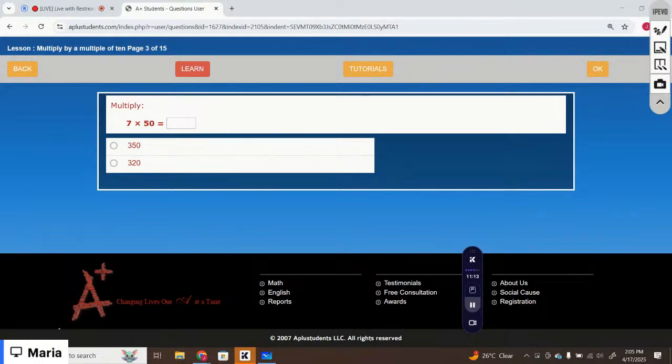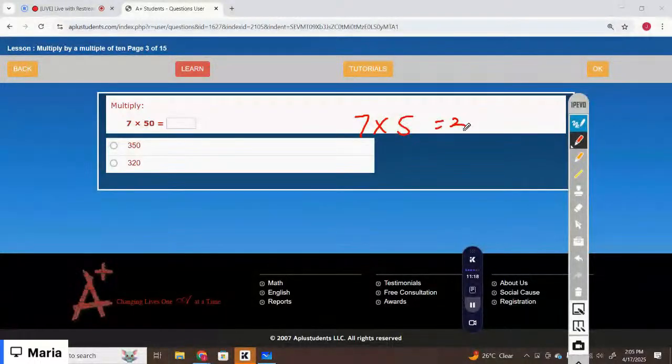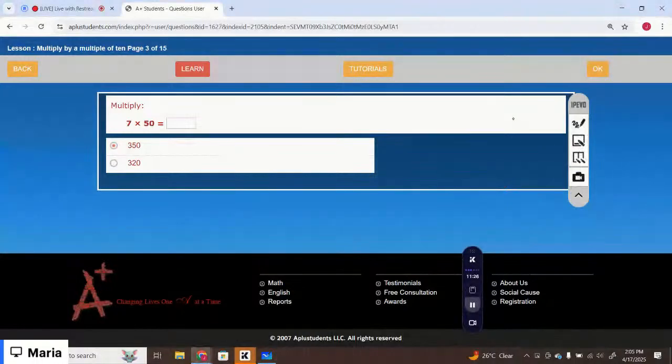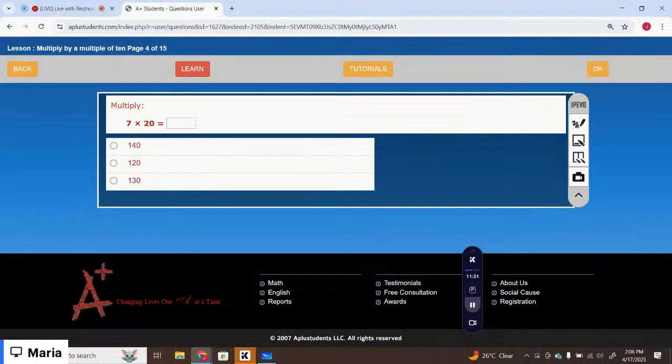You have to do 7 times 5, and we know that 7 times 5 is 35. So we just have one zero with 50. You can then add a zero, so that 7 times 50 is 350. What is the correct option?